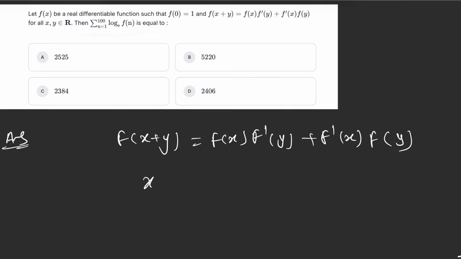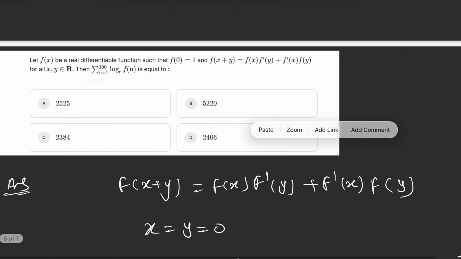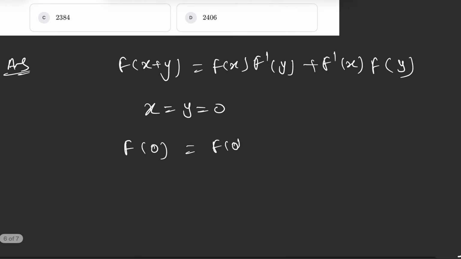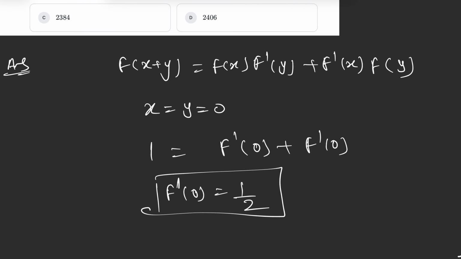So here if we keep x equals to y equals to 0, we will get f of 0 equals f of 0 into f dash 0 plus f dash 0 into f of 0. f of 0 is I think given in the question. f of 0 is 1. So directly please see here. 1 equals 1 into f dash 0 plus f dash 0 into 1. So f dash 0 is how much? f dash 0 is half. I can say from here f dash 0.